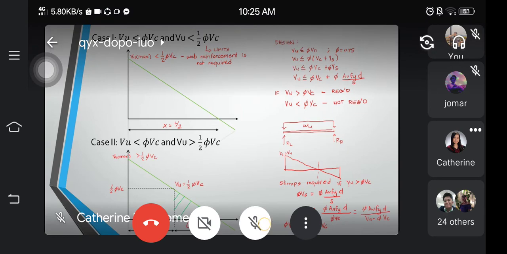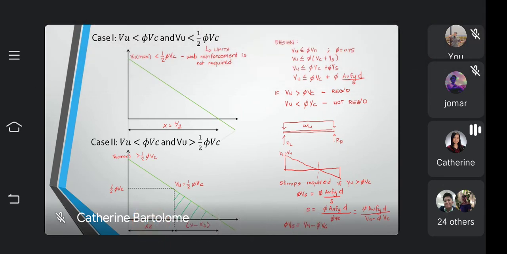Triangle po siya, ma'am. Yes, but your VU here is less than VBC and your VU is less than half, diba? If dito yung 1/2 VBC nyo, itong mga values nyo dito is less than half of VBC.